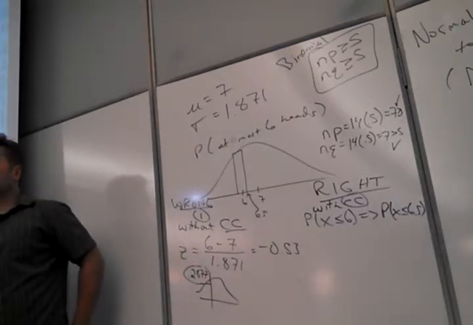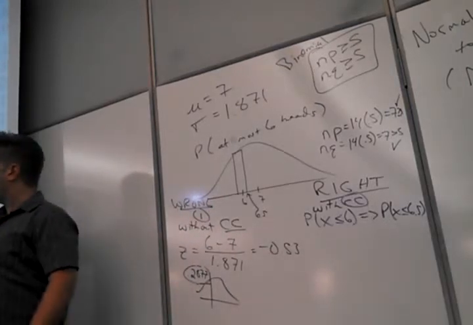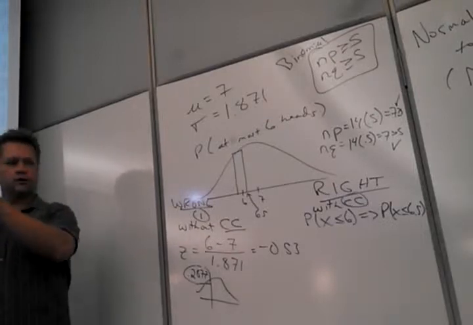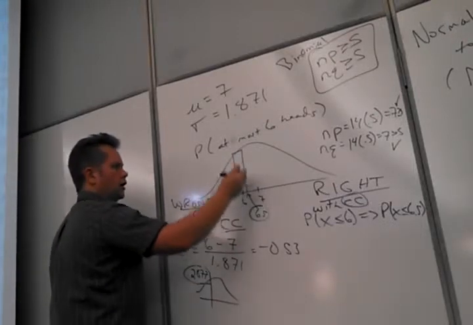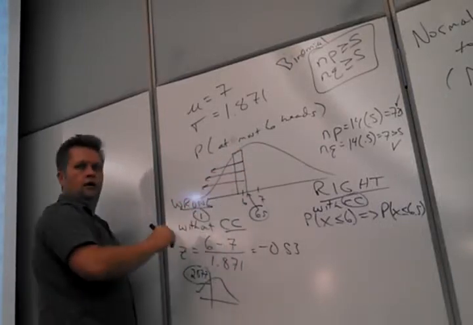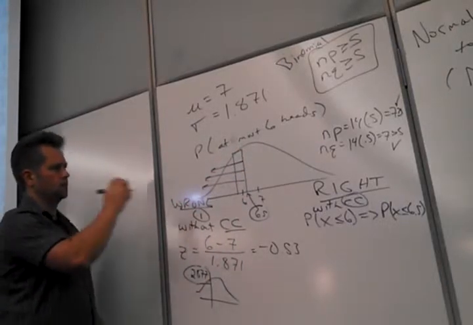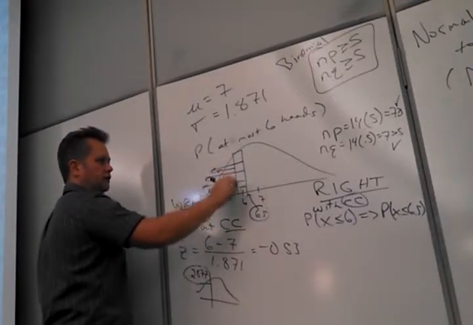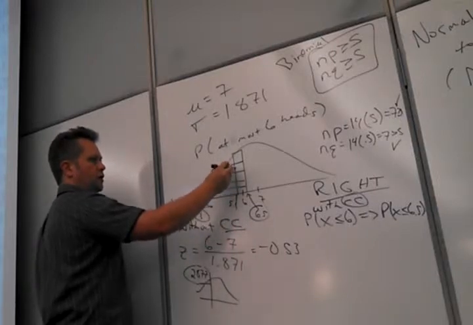That becomes very important now as far as which side of the bar I go to. We went to 6.5 because we want to include it. If I shade down from here, do I include the bar? If I started at 5.5 and went down, do I include the bar?